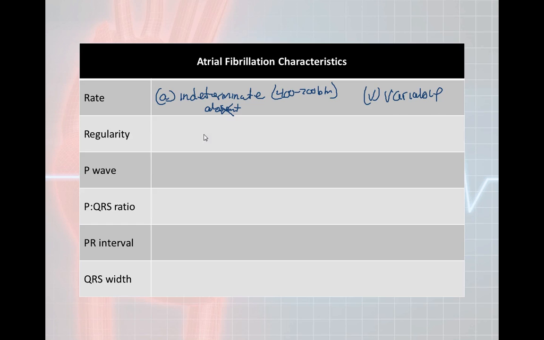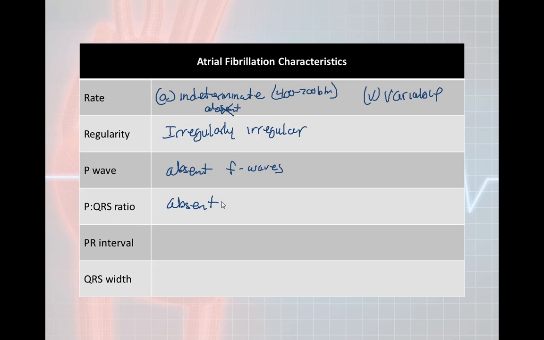Now the regularity for atrial fib is going to be irregular. The P waves are going to be absent because there are lowercase f waves. The P to QRS ratio is absent.